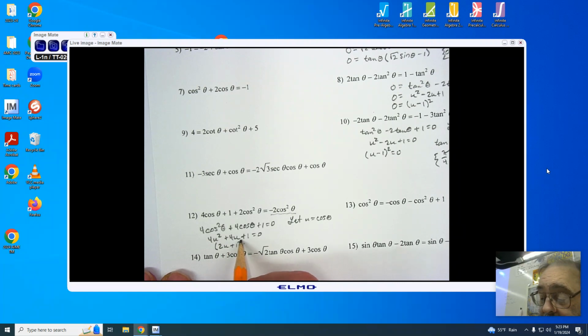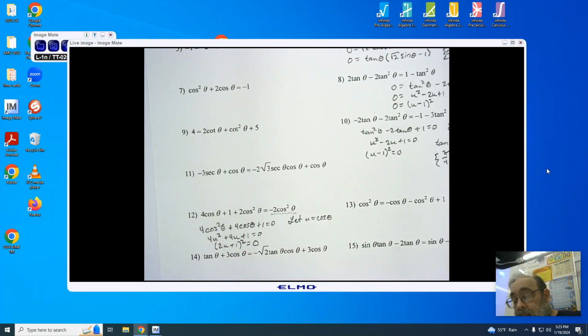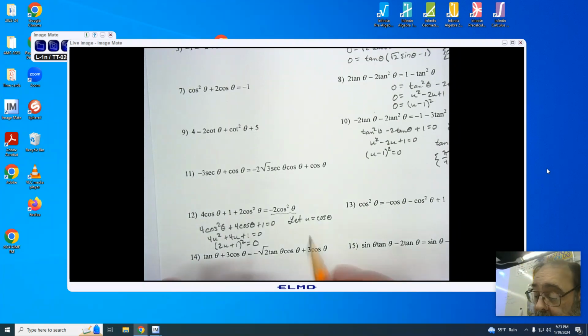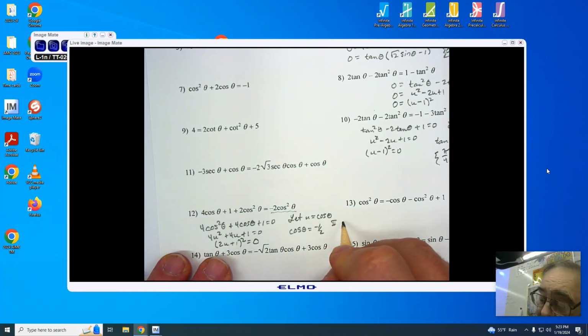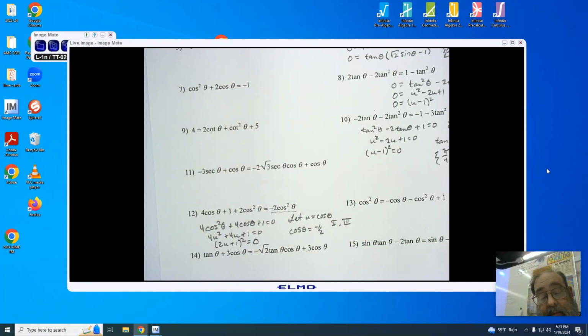This is once again a perfect square, so I have 2u plus 1, the quantity squared, and that's going to now give me cosine of theta. When I solve for my cosine of theta, I get negative 1/2. And I now ask myself, when is cosine negative 1/2? This is in the second and the third quadrant, and the reference angle is pi over 3.